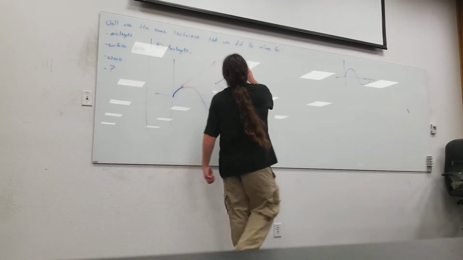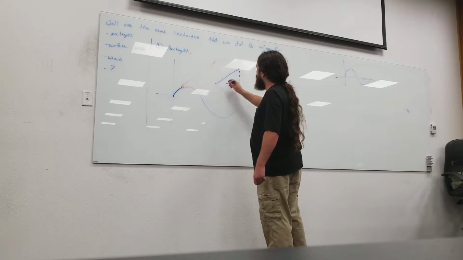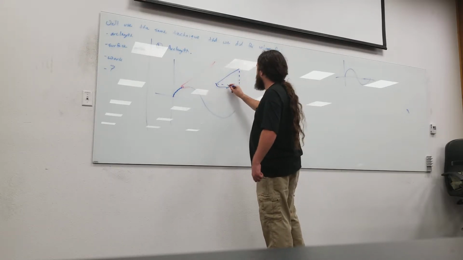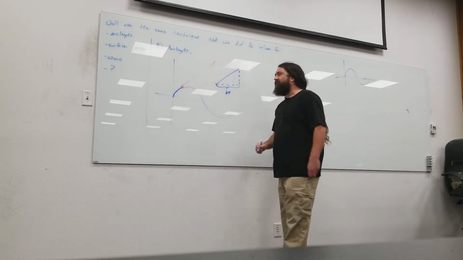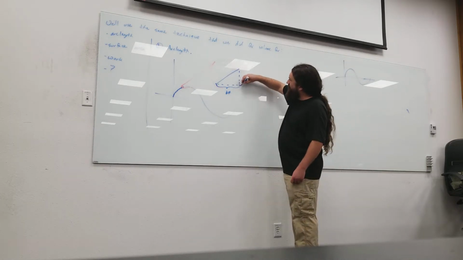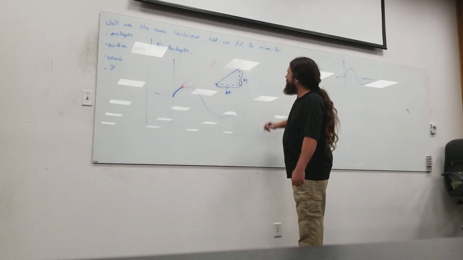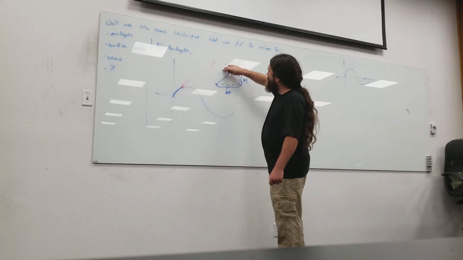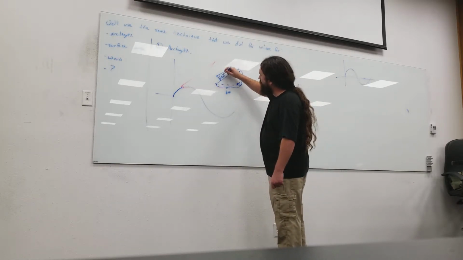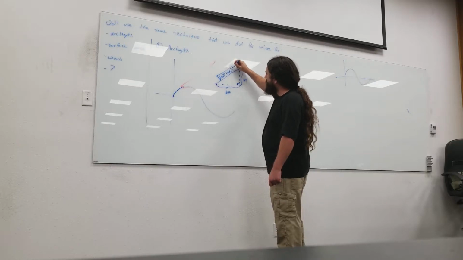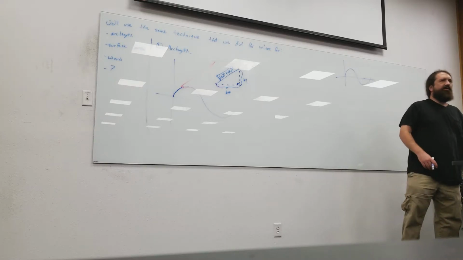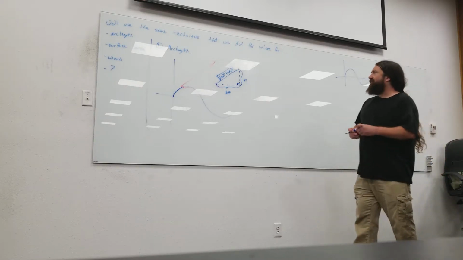So let's see if we can figure out the length of this piece. Now, if I'm integrating with respect to x, odds are very high that this is going to be dx, right? All right, so I guess you could probably call this dy. And so what does this guy got to be? It's going to have to be like square root of dx squared plus dy squared, right? Just because it's a little tiny hypotenuse of a triangle is what we're calculating the length of.